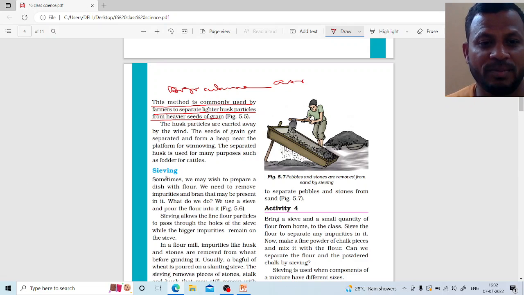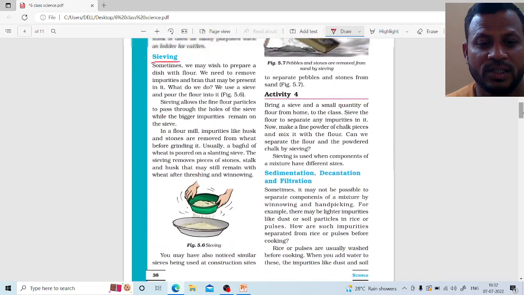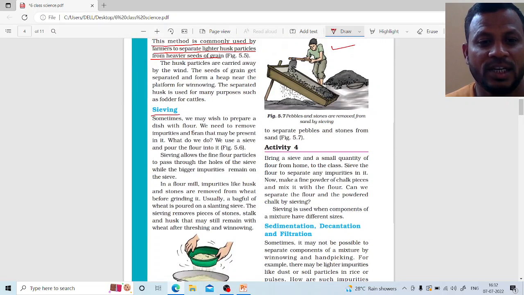Next method is the sieving method, right? You can see here in this picture. Sometimes we may wish to prepare a dish with flour.